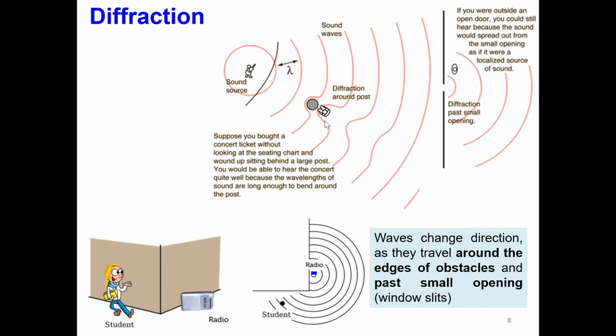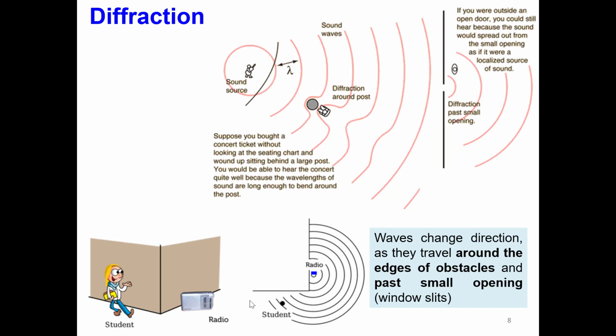And the reason you can hear the concert is that sound can travel around the edges of obstacles. Also, if you were outside, you could still hear the sound, because sound can pass through a small opening, and it behaves as if it were a new source of sound localized at this point.